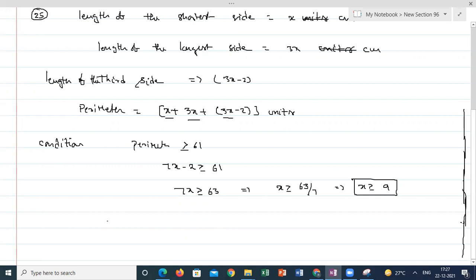The conclusion can be written like this: the minimum length of the shortest side is 9 centimeters.